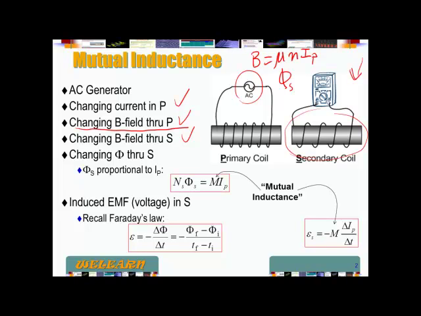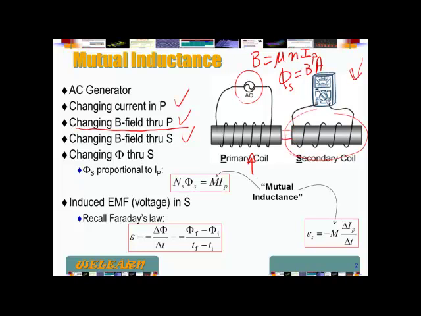And a magnetic flux is given by B times A, magnetic field times area. Area would be the cross-sectional area here. B is the magnetic field that's due to the primary coil.